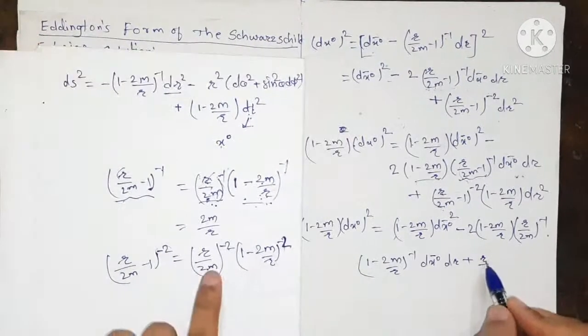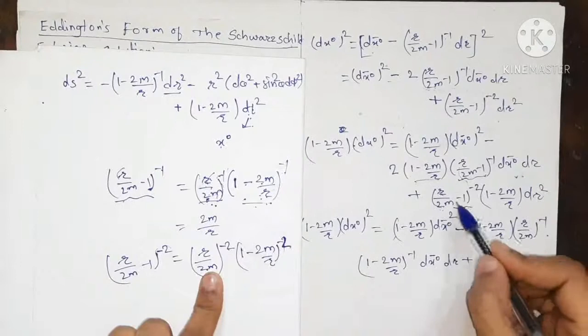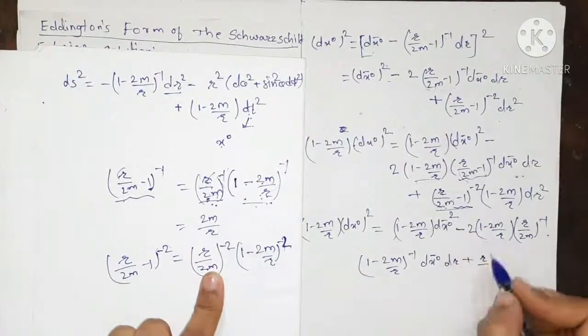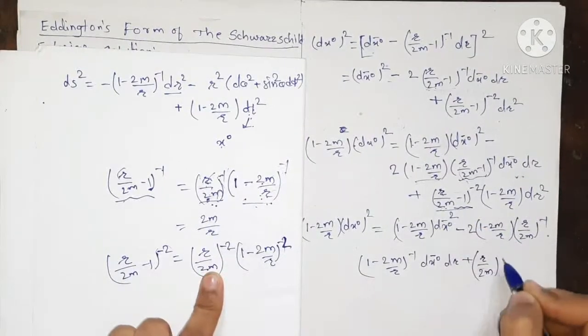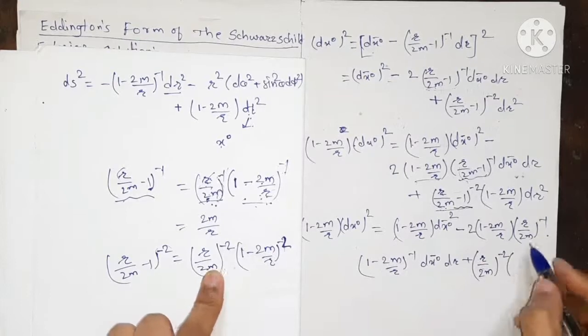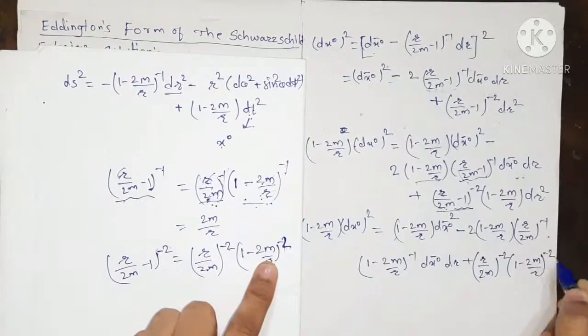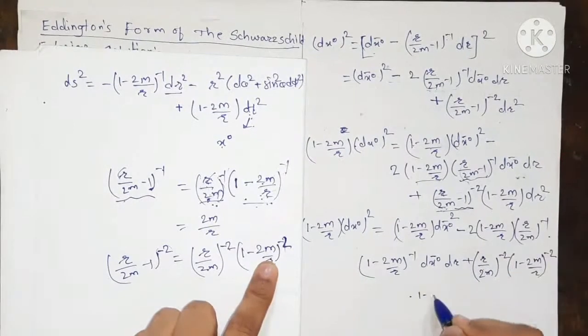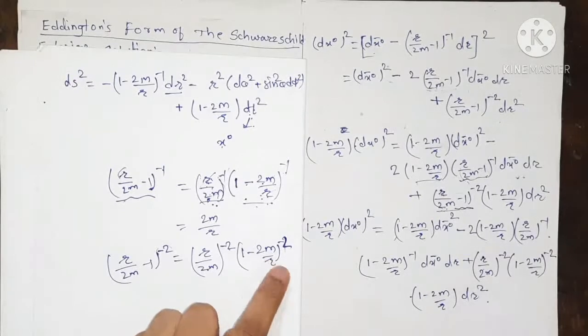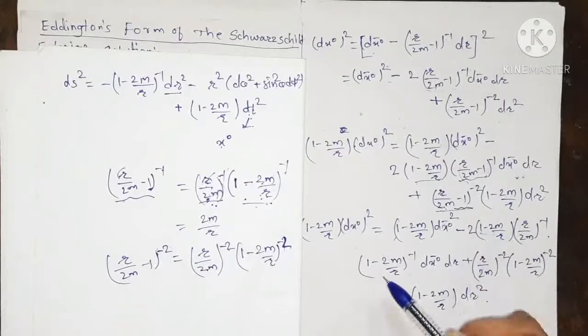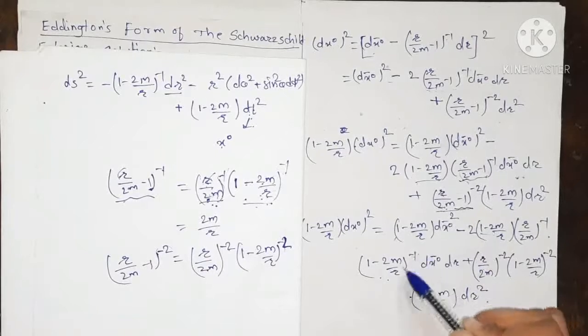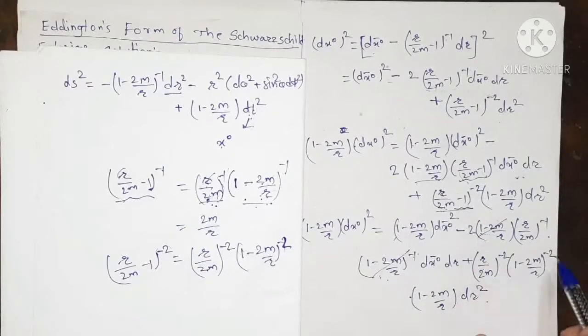So taking the common from this term as r upon 2m, r upon 2m whole to the power minus 2, and inside the bracket we have 1 minus 2m upon r whole to the power minus 2 into 1 minus 2m upon r dr square. Now 1 minus 2m upon r, and here it is in inverse. Inverse means reciprocal, so this term gets cancelled. Here minus 2 gets cancelled with this bracket term, so we have here minus 1.